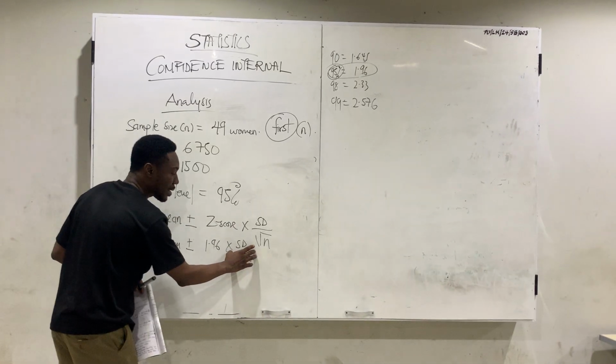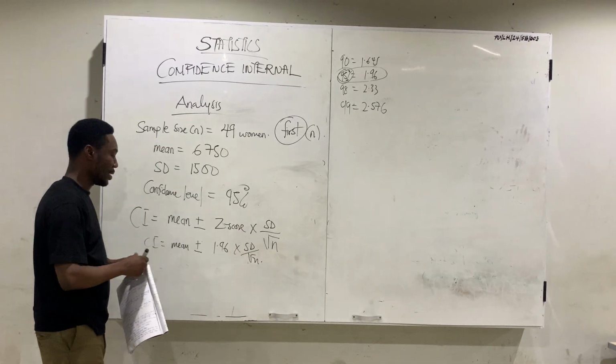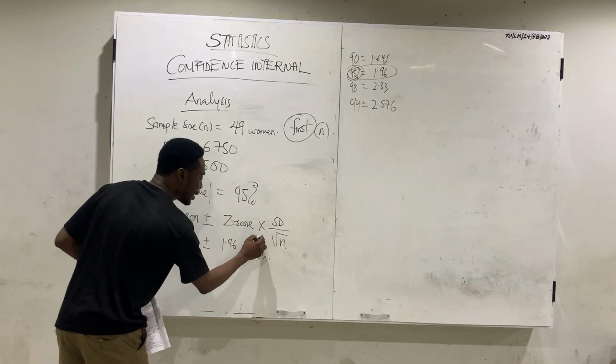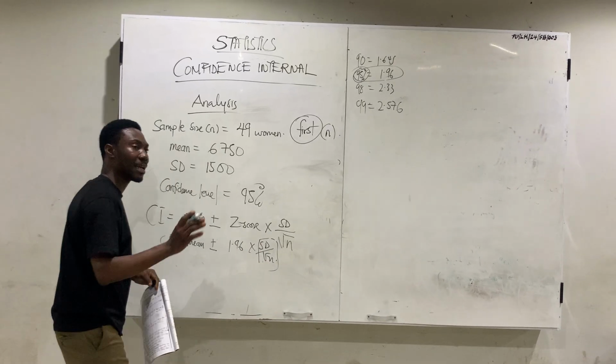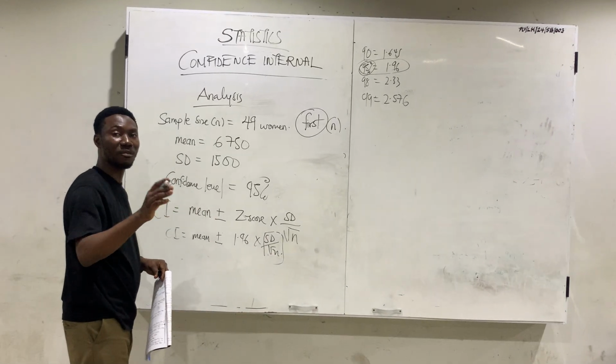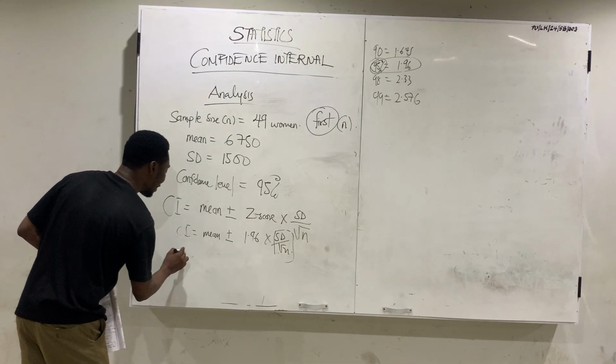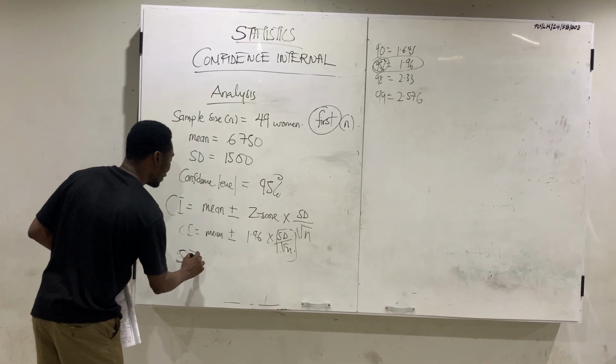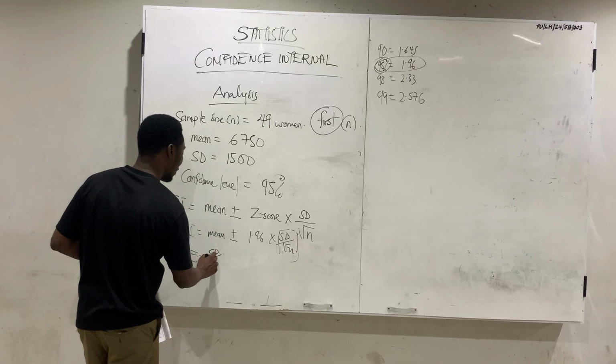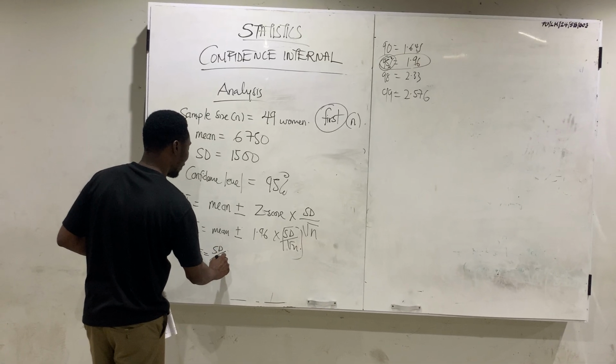So do the standard error first. So it means calculate the standard deviation over square root of n first. SE is equal to standard deviation all over square root of n.